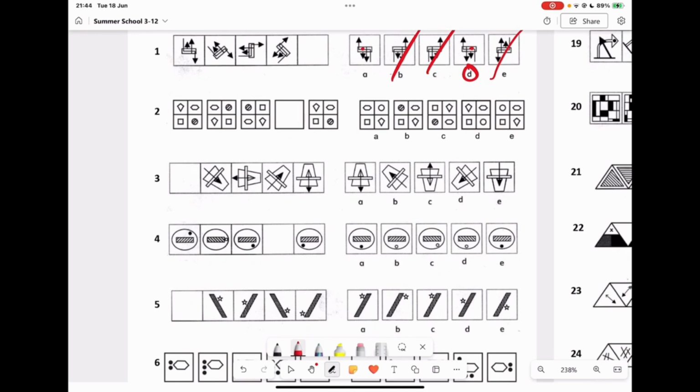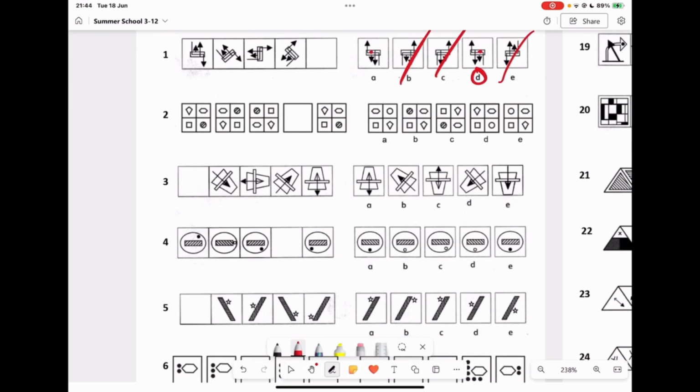Okay, question 2. This one's looking at the movement of shapes. So the shapes are quite simply just moving around, it seems. And yes, they are. So they're just moving one shape down and they're moving anti-clockwise.